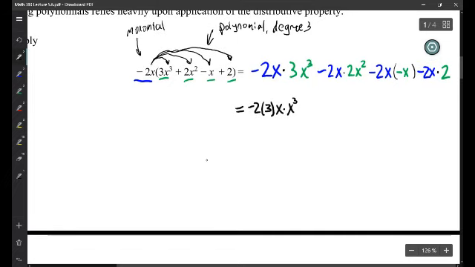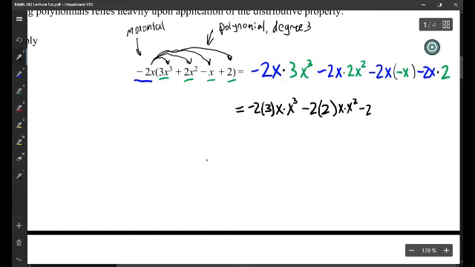So we can write this as minus 2 times 2. And then x times x squared. Here we have negative 2 and no other number, so x times negative x.